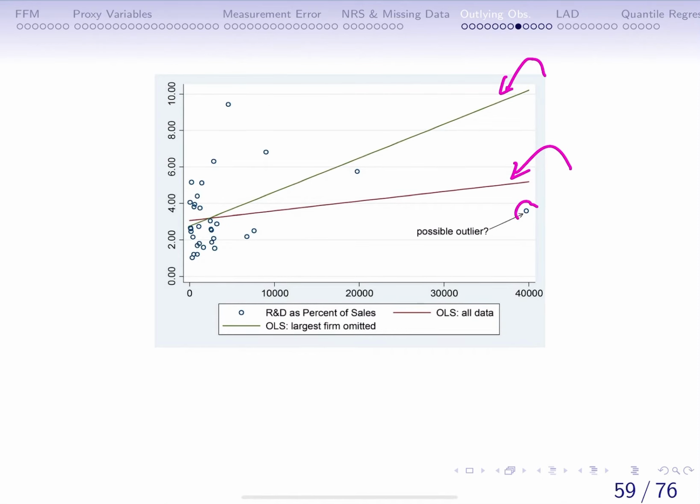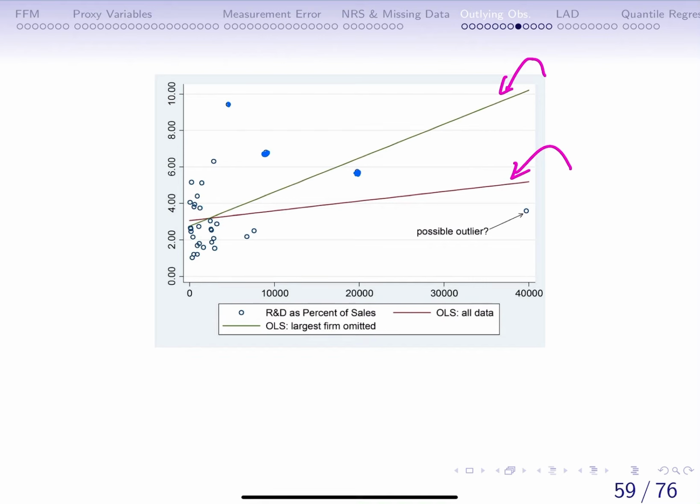You can see that this is a possible outlier here, where the sales are really, really high. All these other firms are clustered around here, and there are some scatters, but this one is really far off from the rest of the cluster.